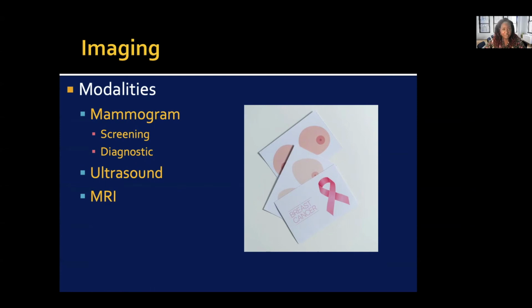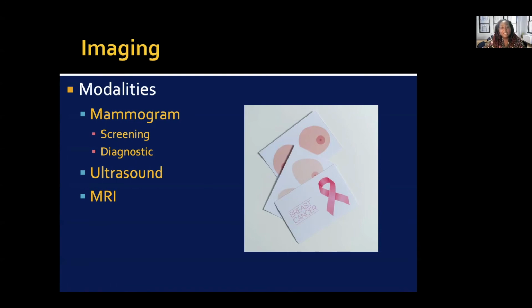MRI is not the first line test, and it's not always ordered on breast cancer patients as part of their workup. There are certain indications for an MRI, and the list grows every few years, and it's really an independent clinical decision as to whether or not you get an MRI.